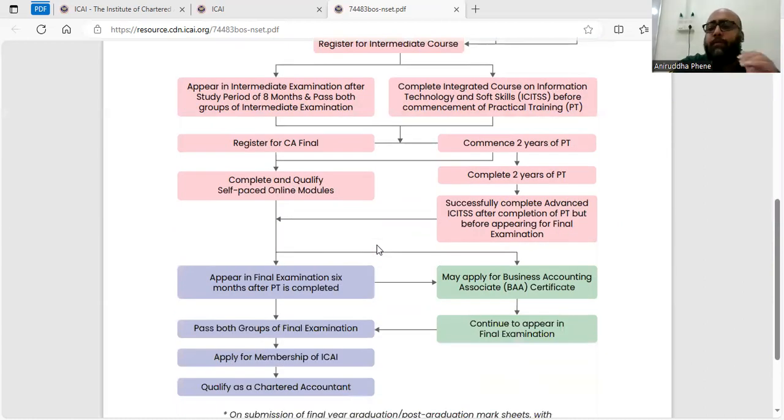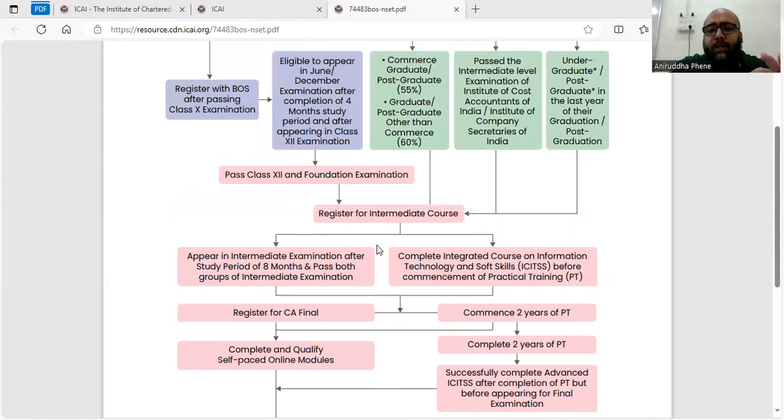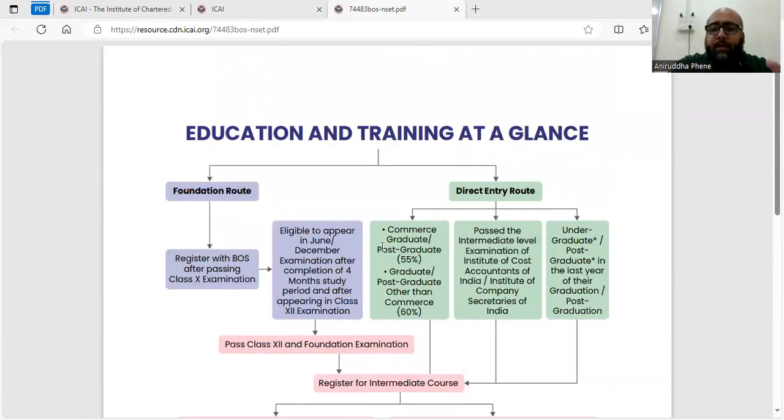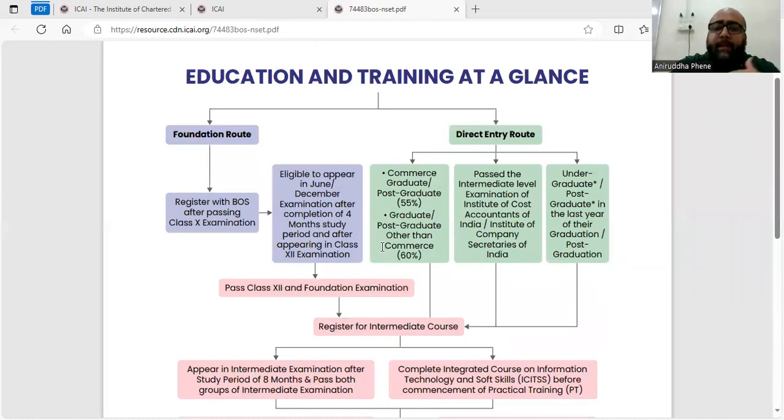So this is the whole flow of the CA course, that is the new scheme for education and training. I think it is a very well thought out course and definitely it will add value for the students. CA was already one of the best courses in the world. Now they have fine tuned it to, I think, become the best in the world.